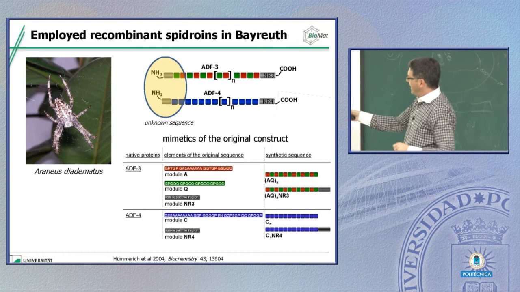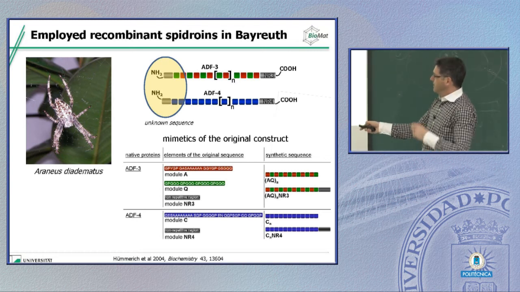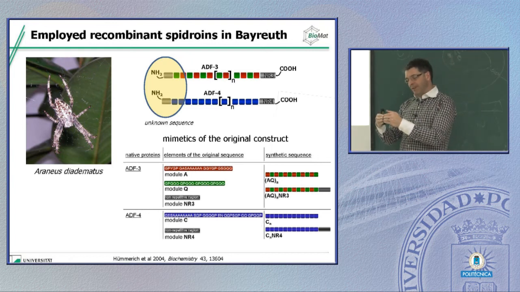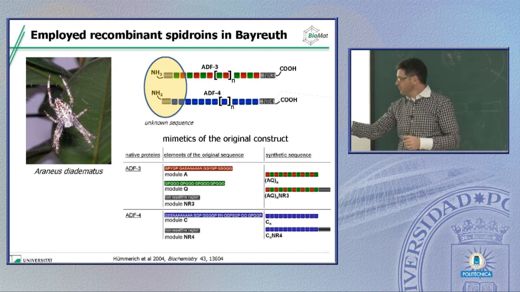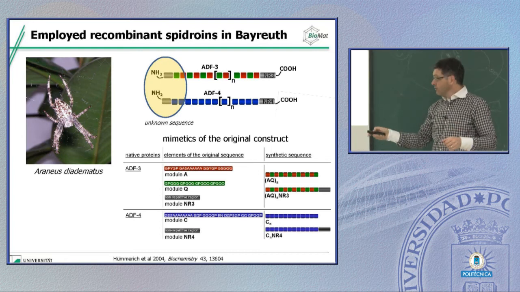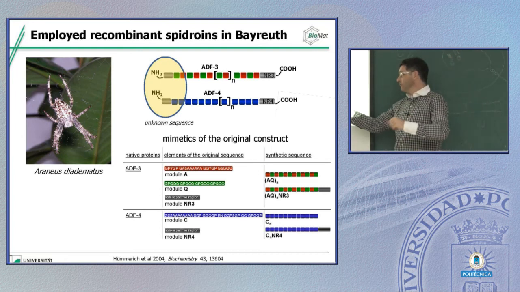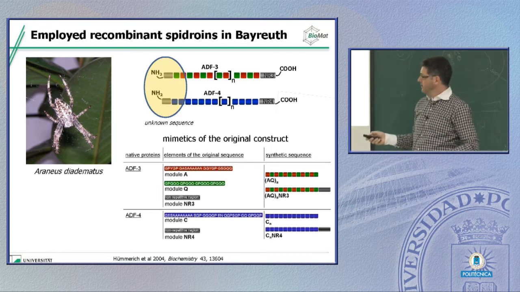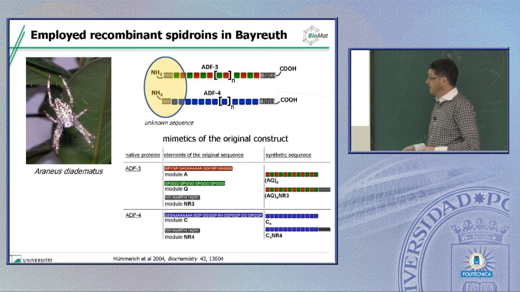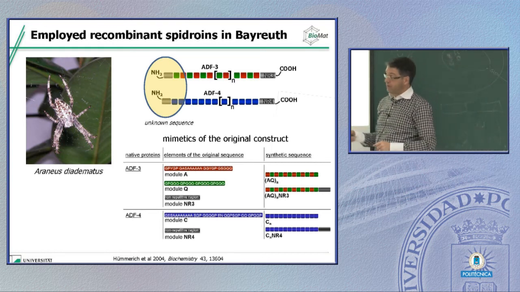And as you can see, we can then multiply these individual domains, multiple cassettes. Also, we can manipulate the order of appearance. We can do first 1, 2, 1, 2, but we can also make 2, 1, 2, 1, or 1, 2, 2, 1, 2, 2, whatever kind of combination, and see how this has impact then on the protein structure and also on the protein function.